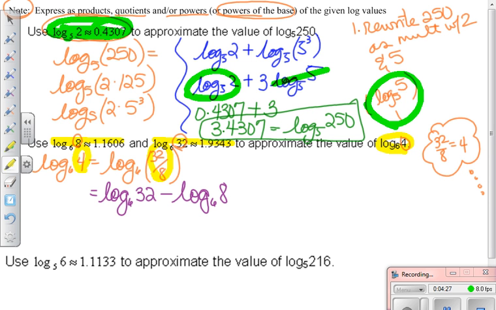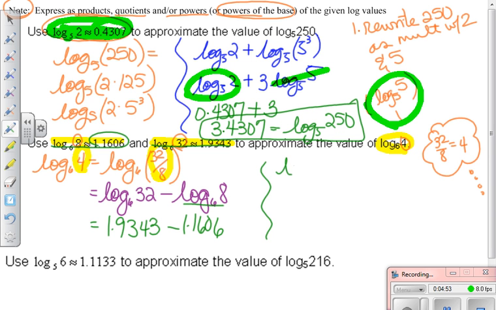Well, nifty, I know the value of log base 6 of 8, and I know the value of log base 6 of 32, so by substitution, put this one in first, 1.9343 minus this one is equal to that, 1.1606, then that means that the log base 6 of 4 is equal to 0.7737.